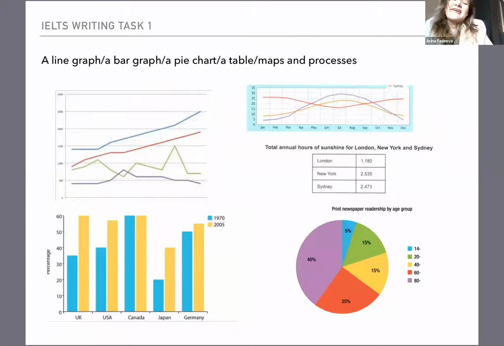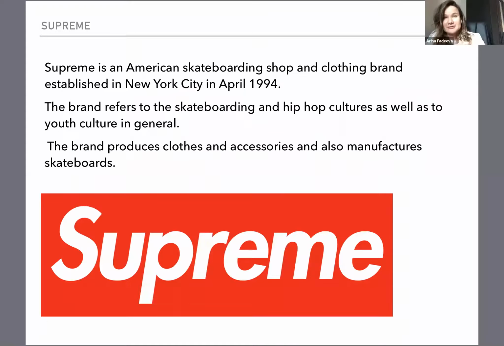All right. How is Supreme actually connected to line graphs? Well, I've decided to give this lesson connected to Supreme. I guess it's a really popular brand among you guys, among a lot of young people all over the world. I'll just remind you that it's an American skateboarding shop and clothing brand in New York City, and it's been there since 1994.